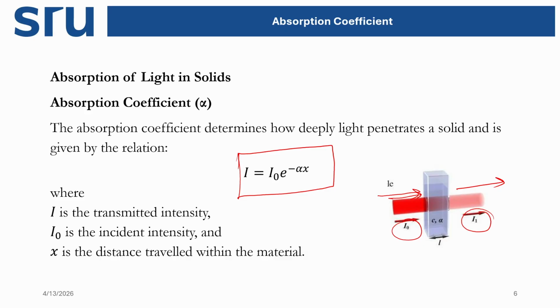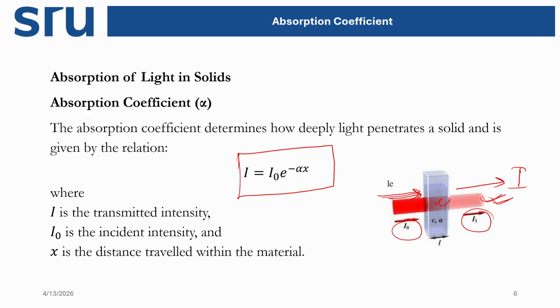So after the absorption, the remaining light will pass through the material. That remaining light is called I. So now, what processes are taking place? Two processes. After the interaction, some amount of absorption is taking place, and then transmission is also taking place.